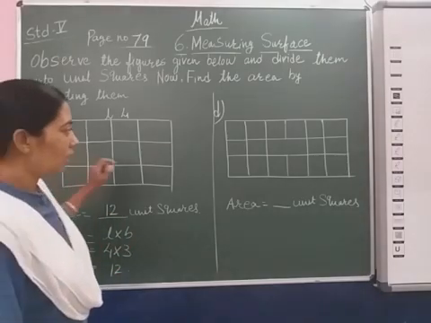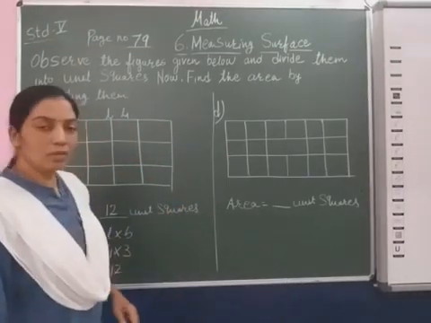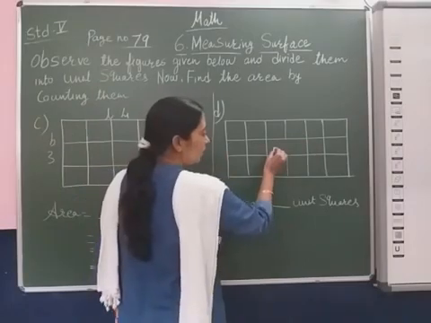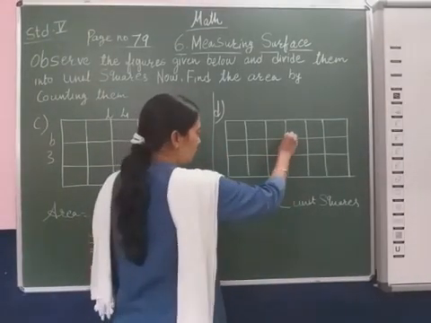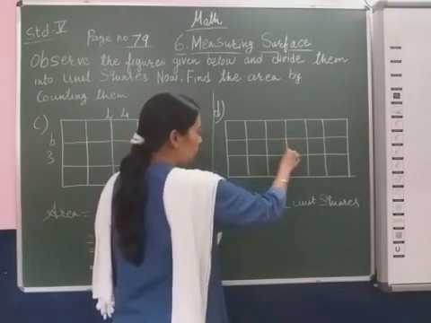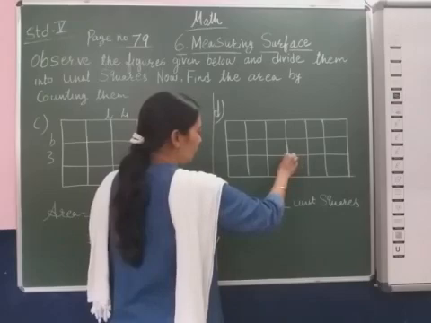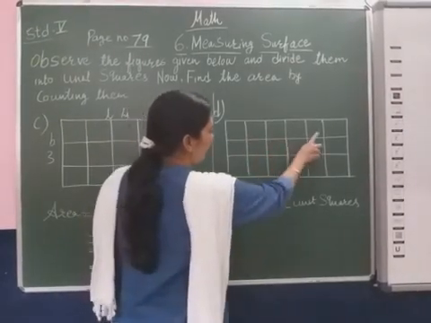Now let us observe this D figure, where all the unit squares are given, but this inner part is left. So just stretch this line through this rectangle, so we can get these square units. Okay, so 1, 2, 3, 4, 5, 6.